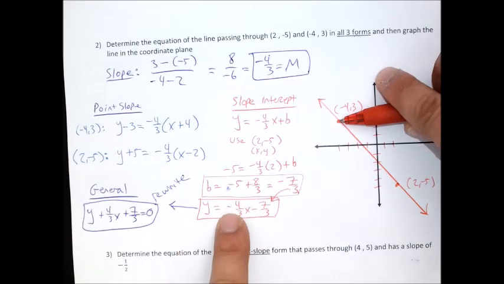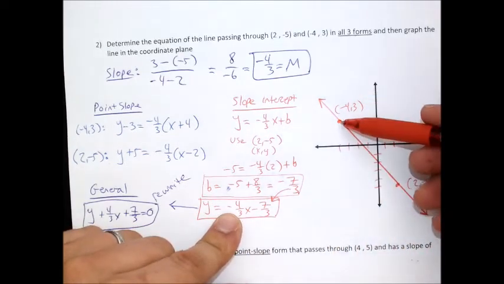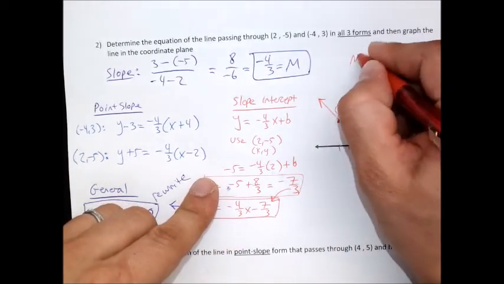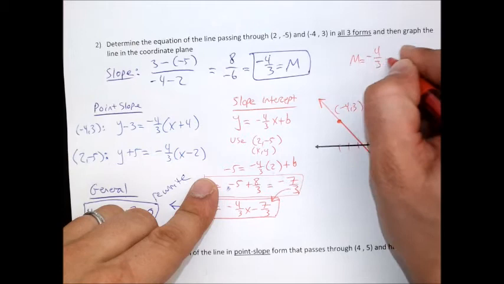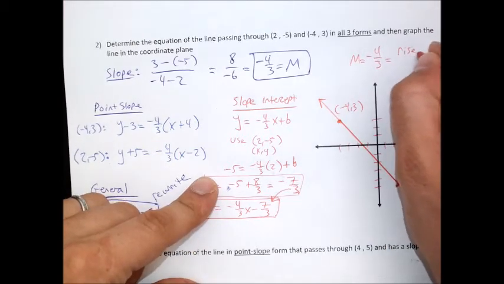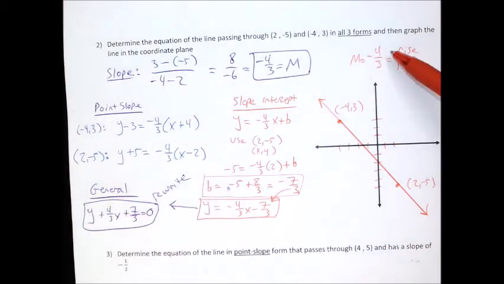The slope is -4/3. And so we could also count -4/3 off because m equals -4/3 is our rise over run. So this is like a -4 rise, which means go down 4, and then run 3 to the right.